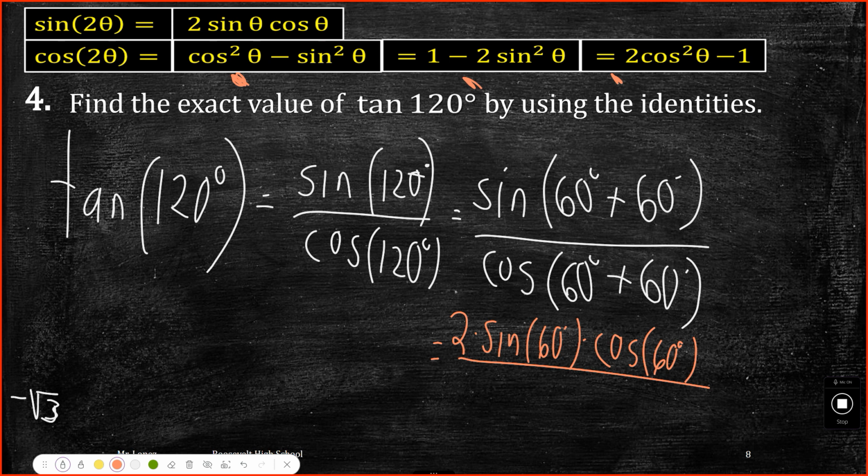Just to make it fun, let's use the one that is being neglected. So then this is going to be cosine 60 squared minus sine 60 squared.